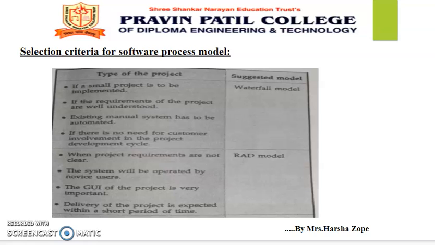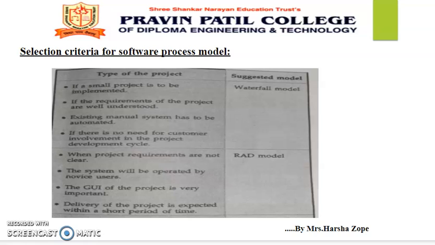So what will be the selection criteria for a particular software to be developed, to choose that particular process model? We have a number of process models. Suppose we want to develop any software, then which process model should we choose? That needs some particular criteria, and that is the selection criteria for software process model.